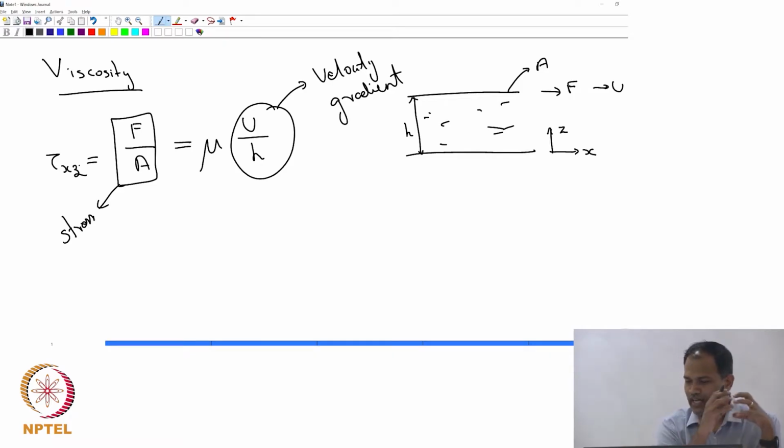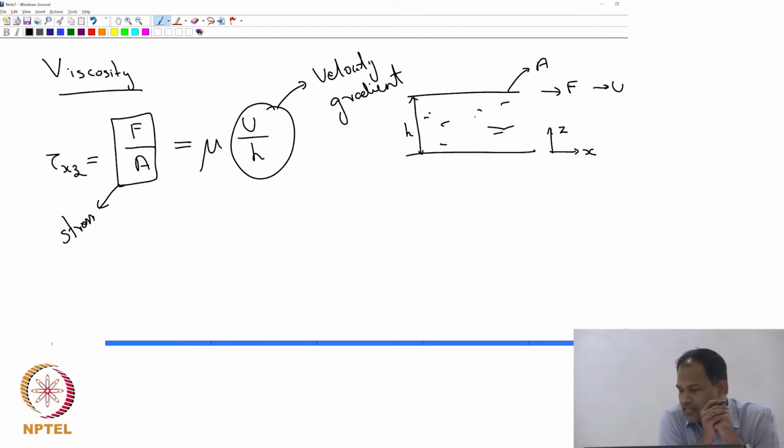To see why viscosity comes into the picture, let us actually replace the fluid. The fluid that is between the plates, let us imagine that fluid is a gas. So, we have a gas that is between two plates. When I say fluid, it could be either gases or liquids generally.